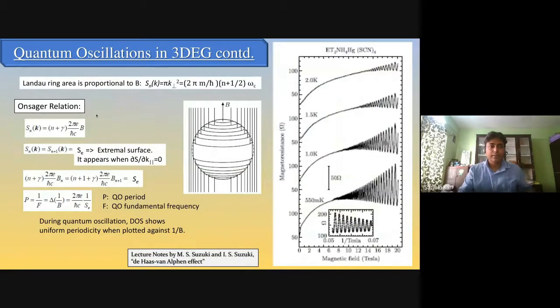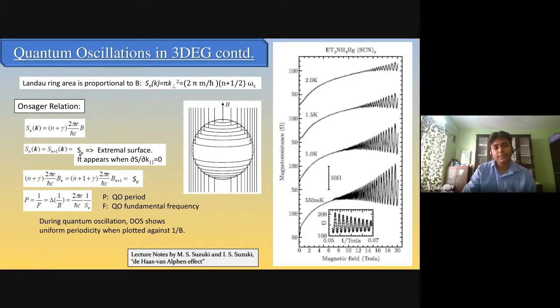You can get the area of this Landau tube cross section, which will be given by this thing, and you can also get that from the more general Onsager relation, which is this expression. And then for a particular value of energy or chemical potential, you have a particular value of area of cross section for the Fermi surface.